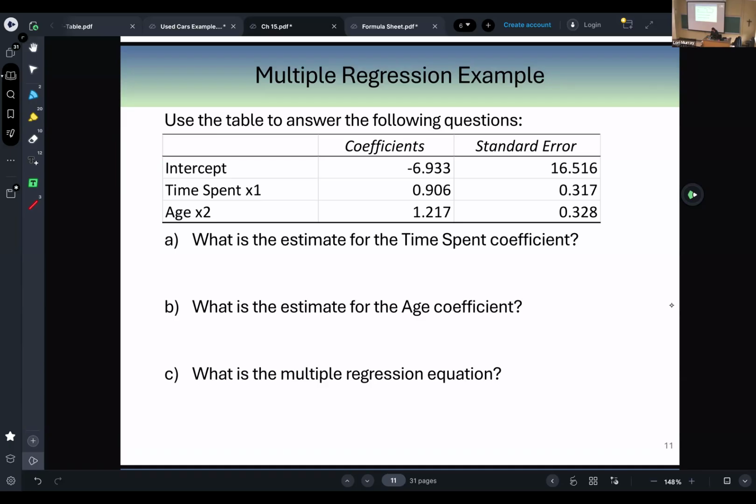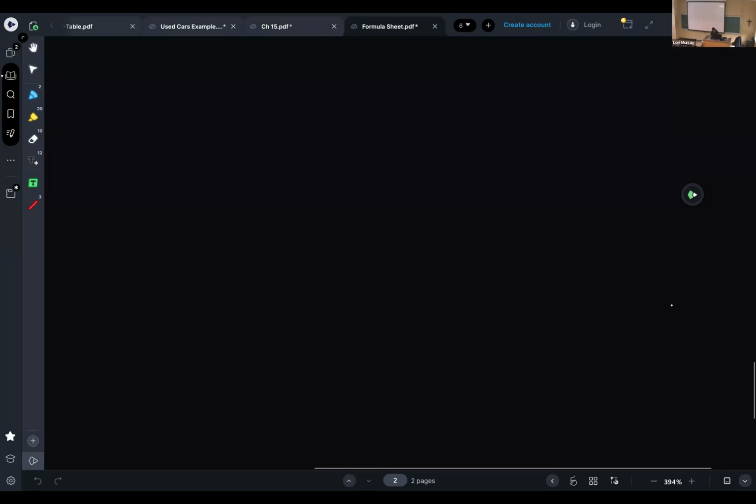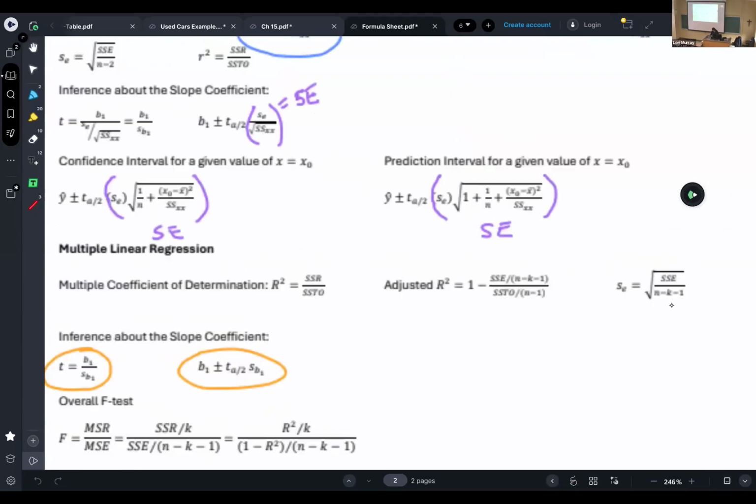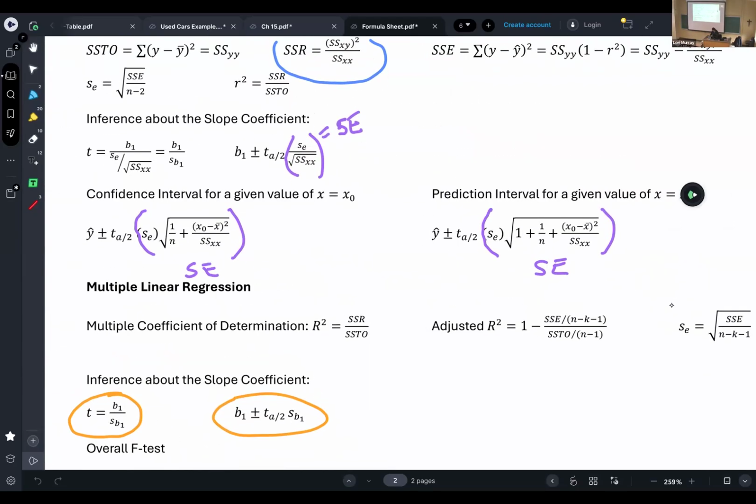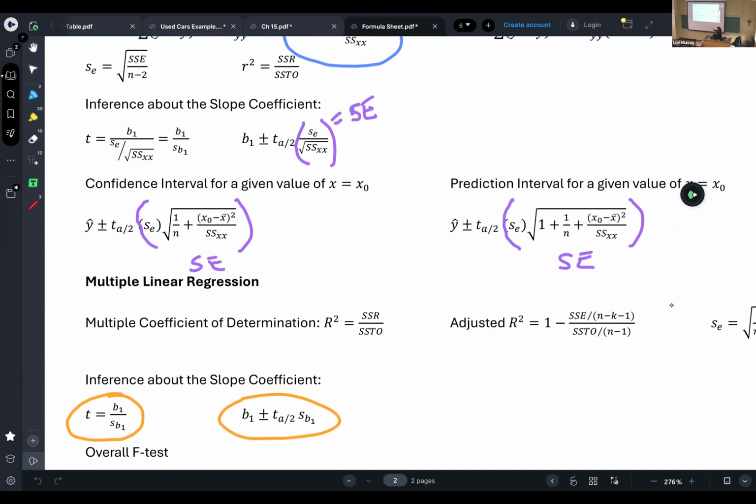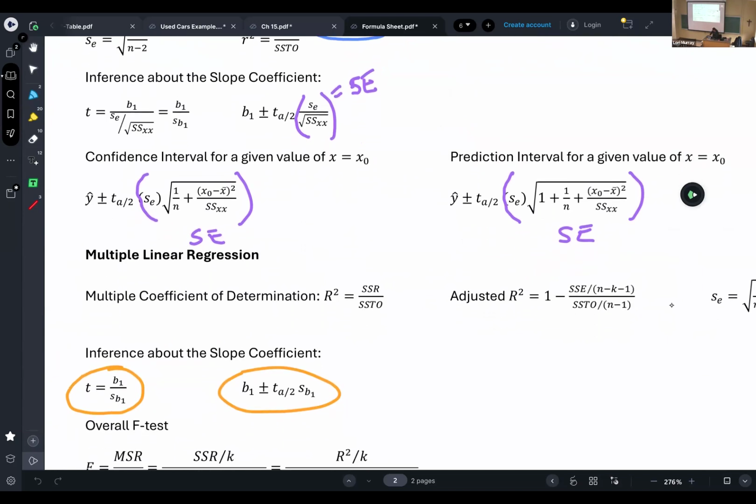So what is the estimate for the time spent coefficient? Just to let you know, the output gives you the coefficients and the standard errors. See all these purple standard errors I highlighted last time? It's actually giving those values. This is what the output is in the multiple linear regression.